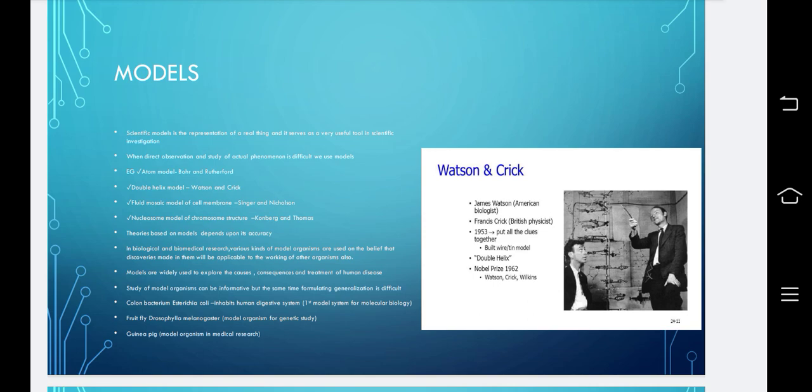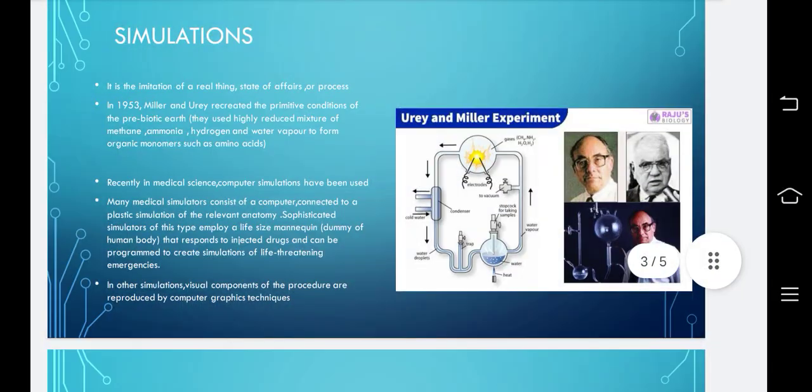Next, we can discuss simulations. In simple words, simulation is the imitation of a real thing. It's useful in scientific investigation when testing in the real condition is impossible.